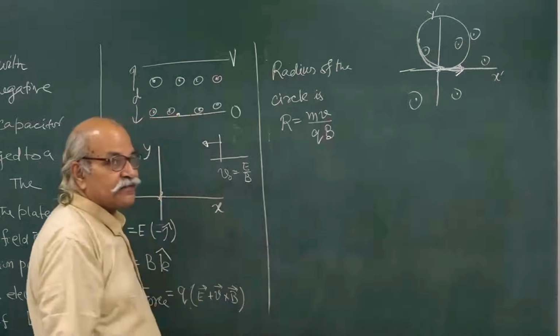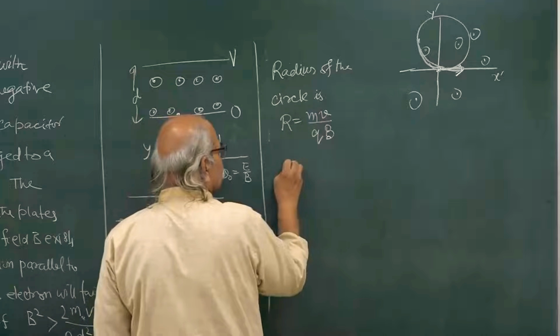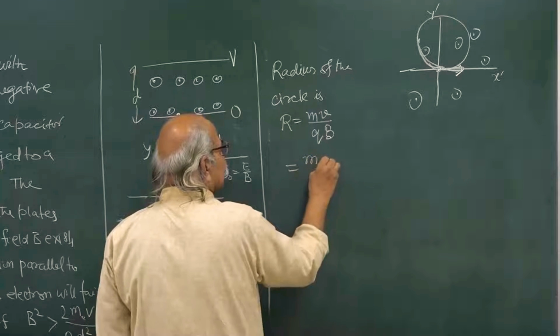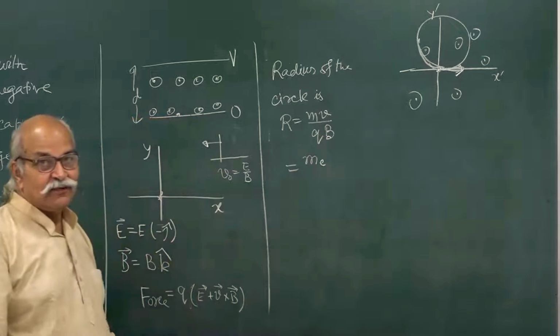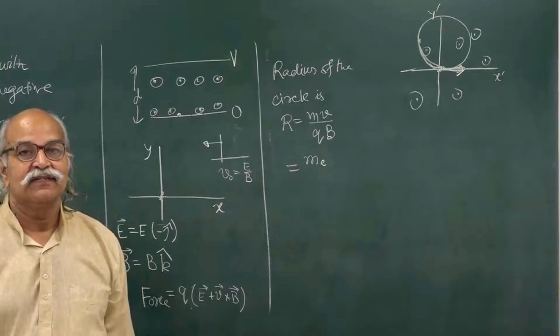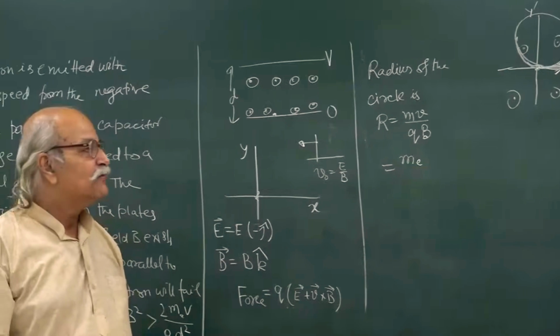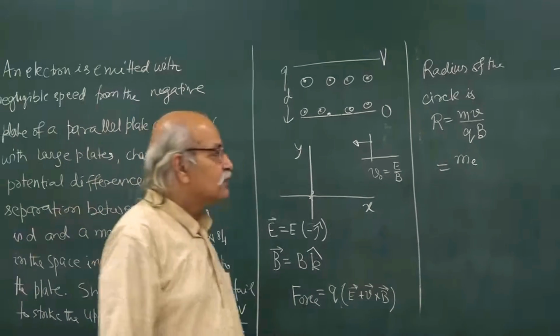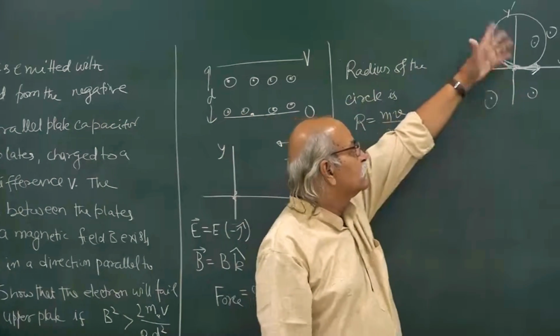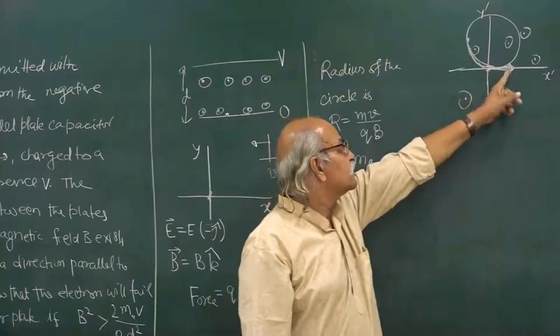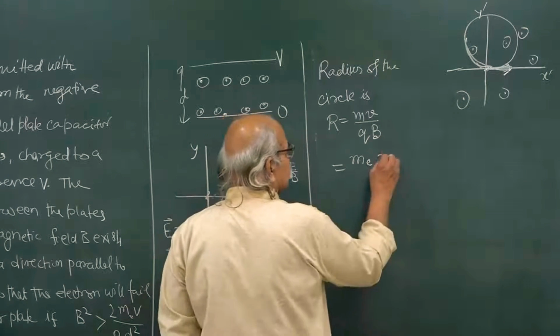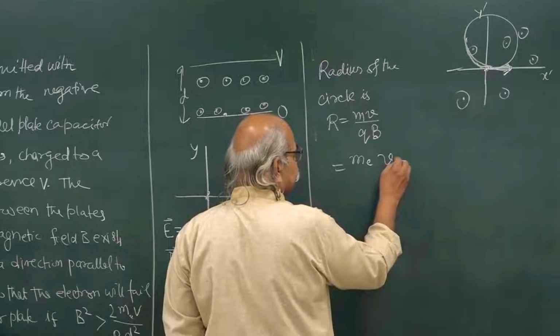This is the equation. So, m is mass of electron, and v, the speed, does not change, there is no electric field. So, whatever is the speed at t equal to 0, that same will be the speed throughout the motion, and that is this v 0, which is E by B.